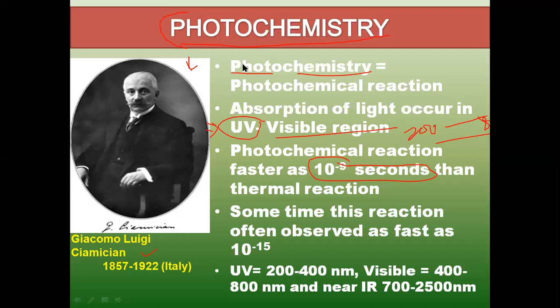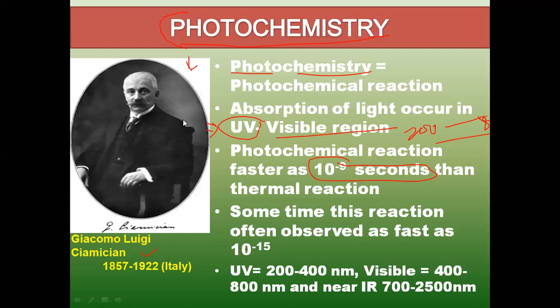But in a thermal reaction, a dark reaction, there is no presence of light. In the absence of light, some temperature, some catalyst, some solvent work to carry out the reaction.